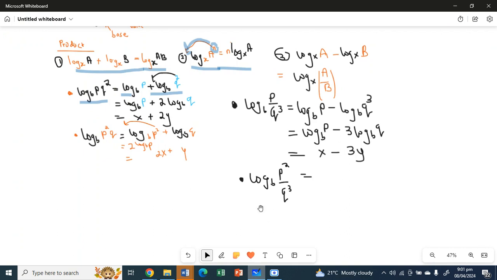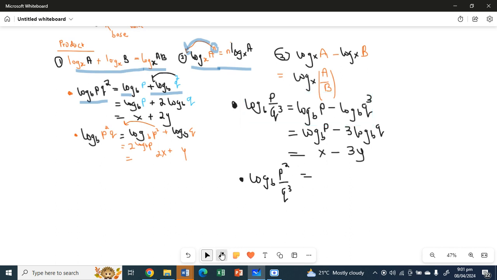Okay. So the quotient rule, log x a minus log x b equals log x a over b. So when you see two variables being divided, as in this case, we had log p over q cubed. We made it log b p minus log b q cubed.